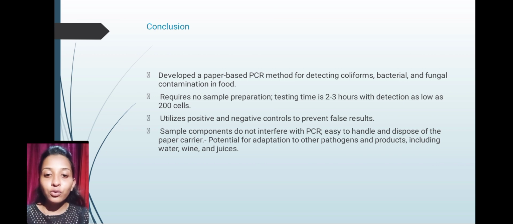Testing time is 2 to 3 hours with detection as low as 200 cells. It utilizes positive and negative controls to prevent false results. The sample components do not interfere with the PCR. It is easy to handle and dispose of the paper carrier, with potential for adaptation to other pathogens and products.